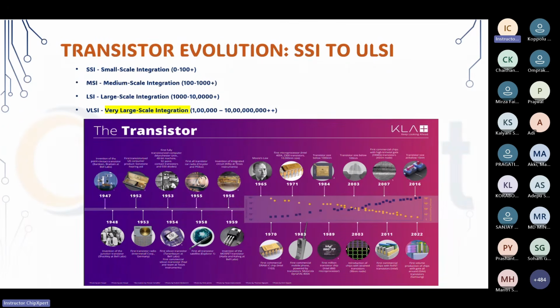The early stage we used to call small scale integration. Now we have billions of transistors in a 1 centimeter chip, at least 10 billion transistors. The modern mobile will have at least 3 billion transistors. That evolution we call the technology.